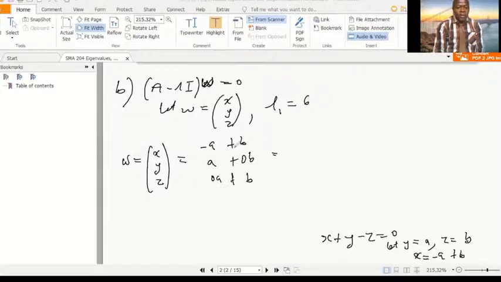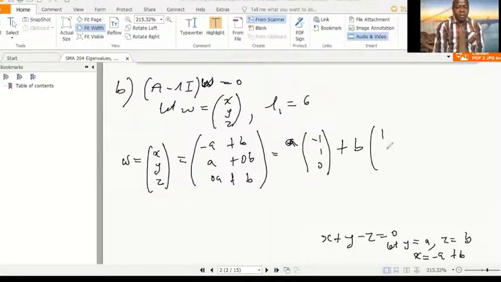This is the same as if we were to separate x and a and b. We would have a here, and a would go into this part as negative 1, 1, 0, and we also have b going here, 1, 0, 1.